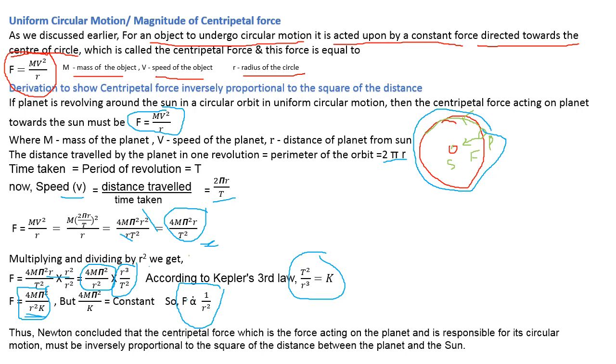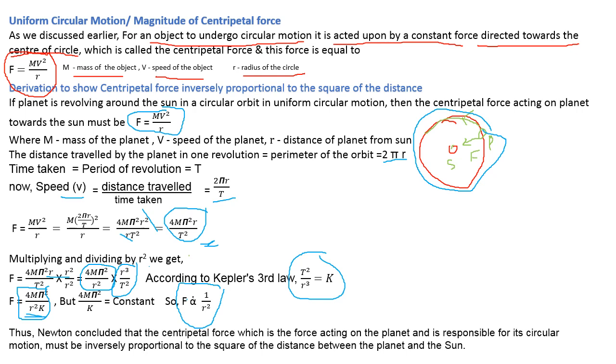Therefore from this whole derivation Newton concluded that this force is inversely proportional to the distance of the planet and the sun. Means, as I said at the start, if the distance is more, centripetal force is less, and if the distance between planet and the sun is less, force will be more.